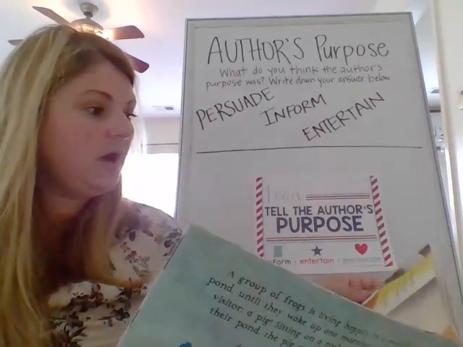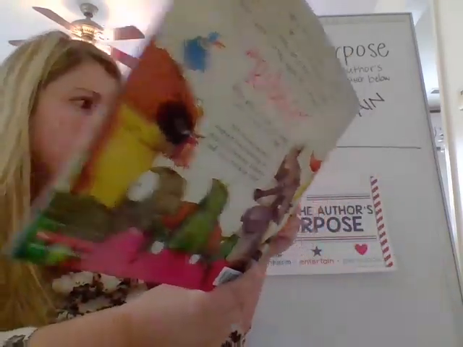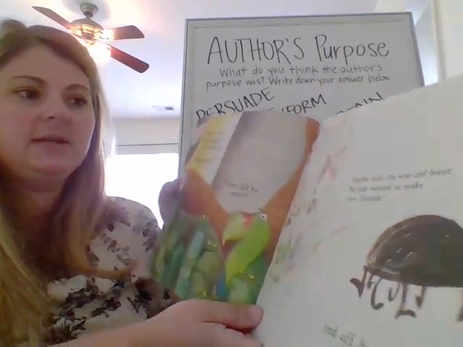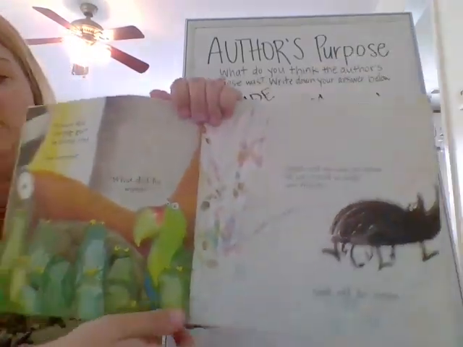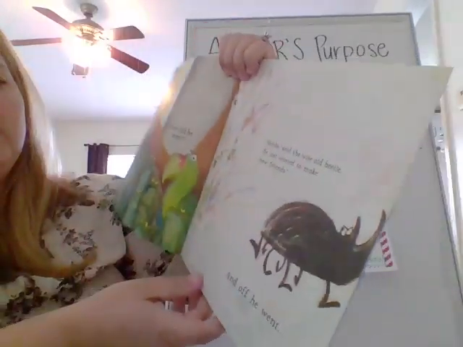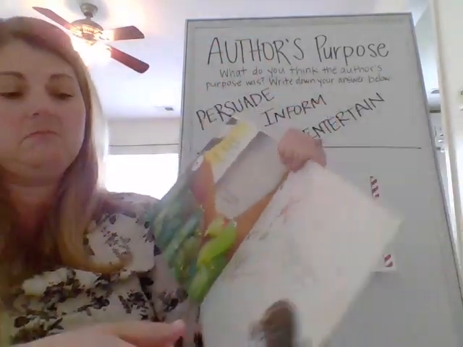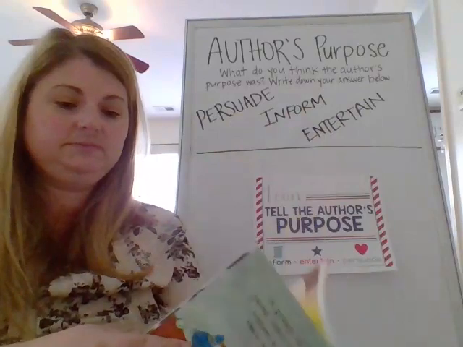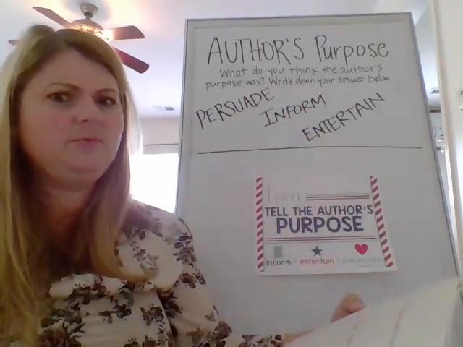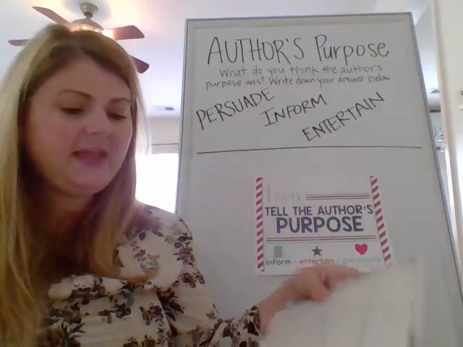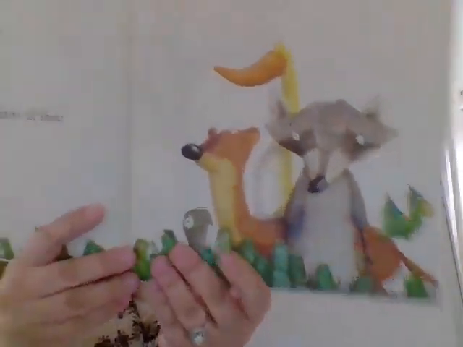Where did the pig go? The animals cried. Who was he? What did he want? Maybe, said the wise old beetle, he just wanted to make new friends. And off he went. Oh dear, said the animals. They hadn't thought of that.